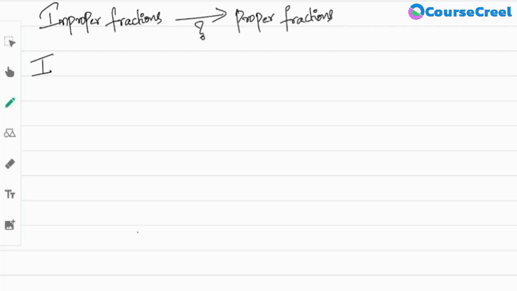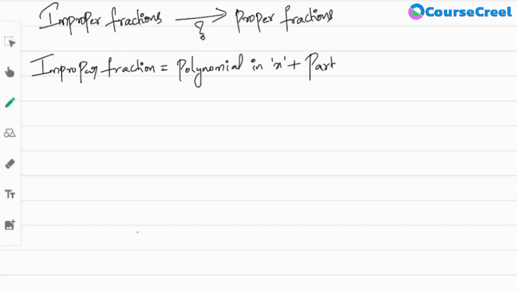Basically, an improper fraction can be expressed as a polynomial in a variable, let us say x, plus a proper fraction.